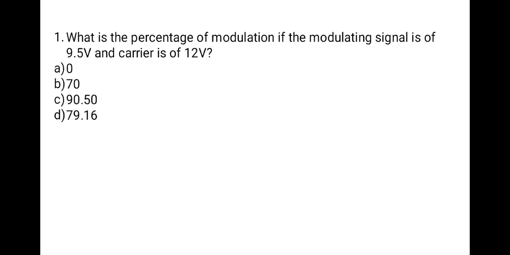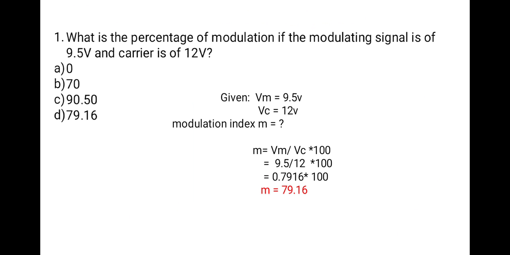The first question is, what is the percentage of modulation if the modulating signal is of 9.5 volt and carrier is of 12 volt? Given quantity is Vm equal to 9.5 volt and Vc equal to 12 volt. Then modulation index M is equal to Vm divided by Vc.